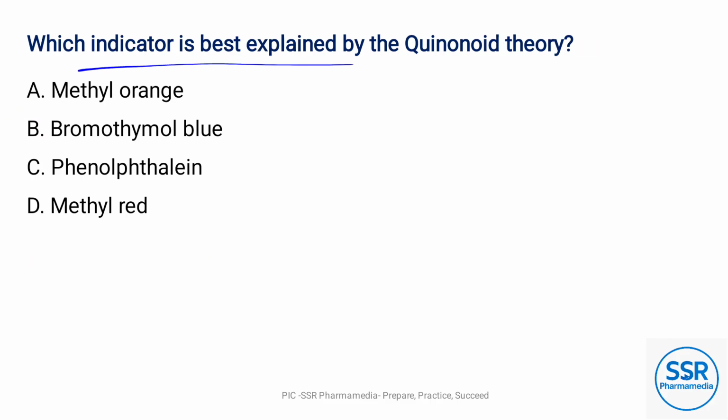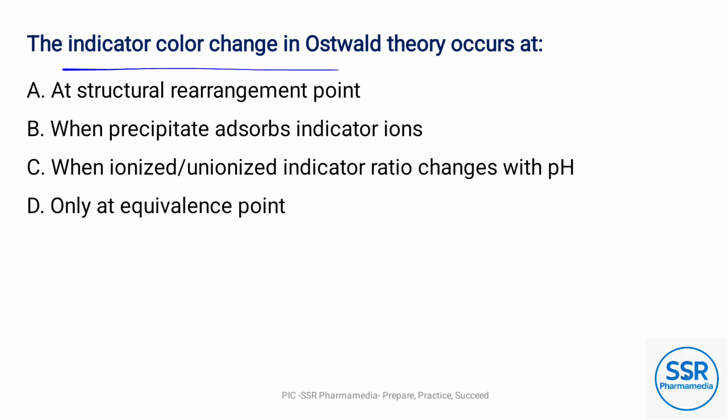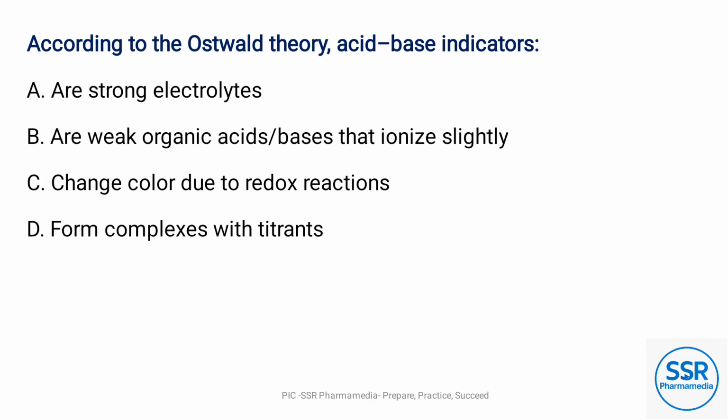Which indicator is best explained by quinonoid theory? Option C, phenolphthalein. The indicator color change in Oswald theory occurs when ionized and unionized forms, option C is the correct answer. The ratio of ionized and unionized indicator changes with pH.